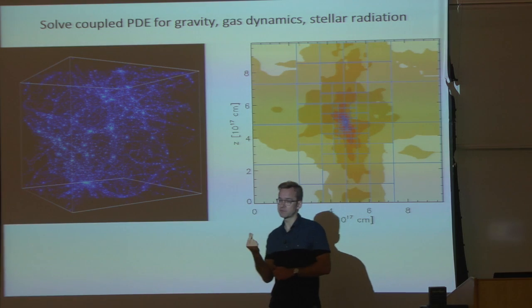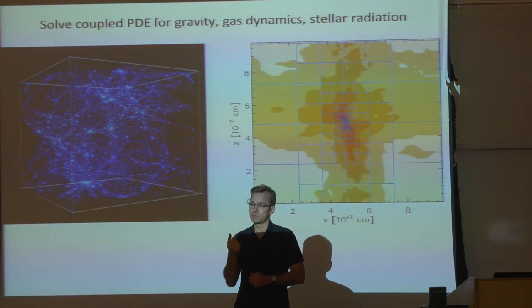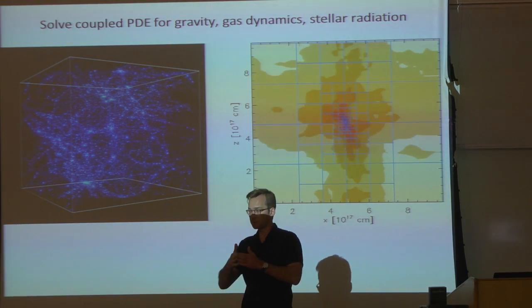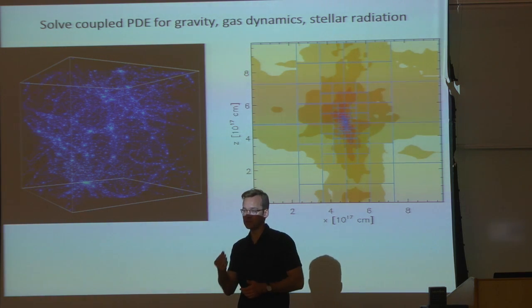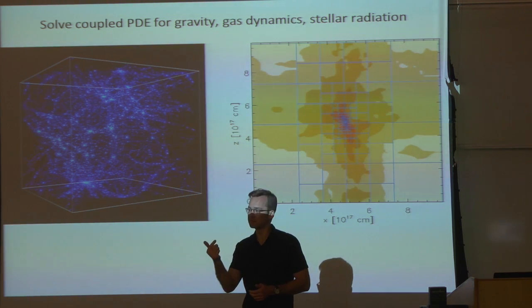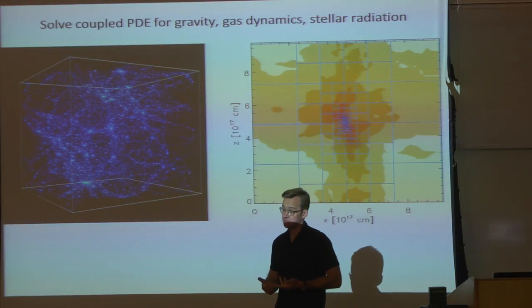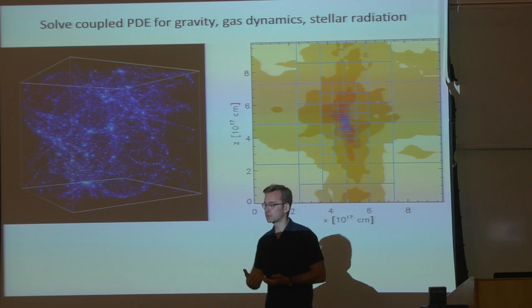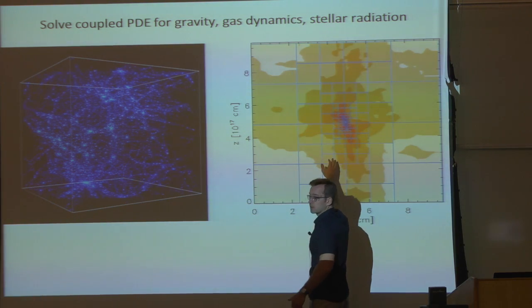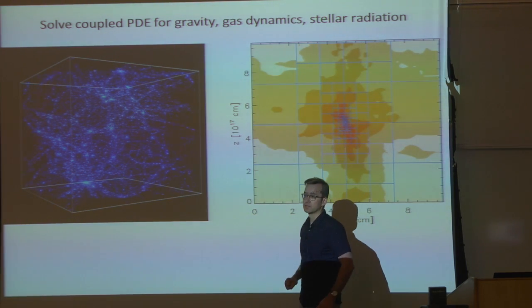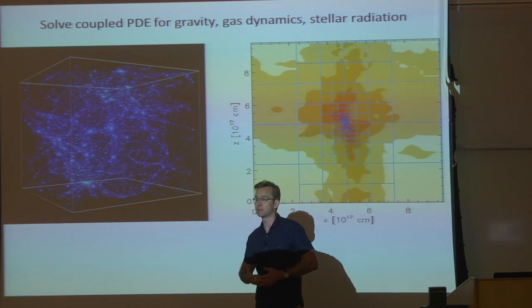And you really want to have smaller cells because you're translating differential equations into finite differences. So it's delta x that matters. The smaller the delta x, the more accurately you're solving these equations. But on the other hand, there are numerical limitations. You cannot have too many cells because even the fastest computers can only run with so many.